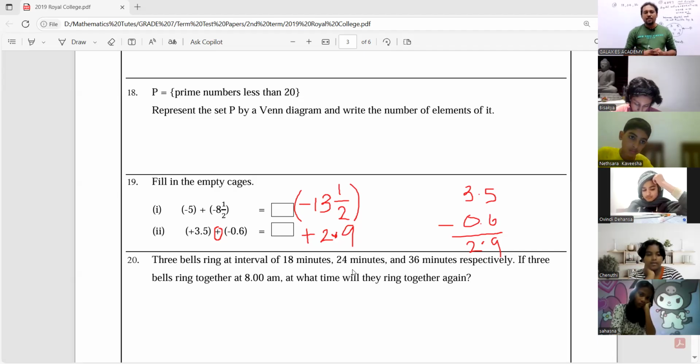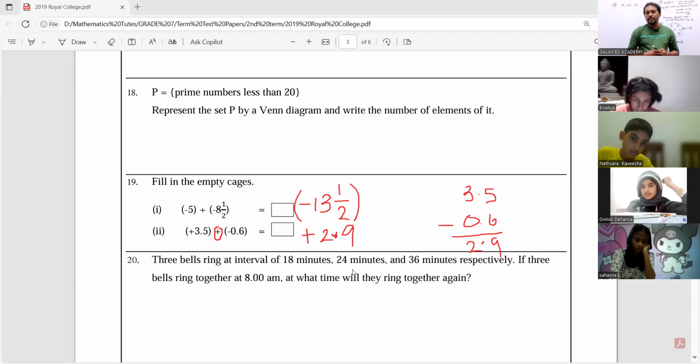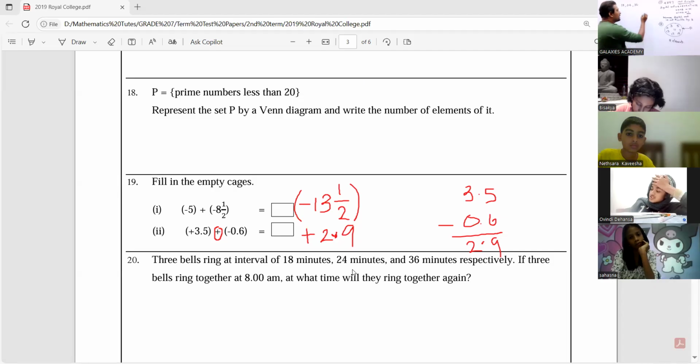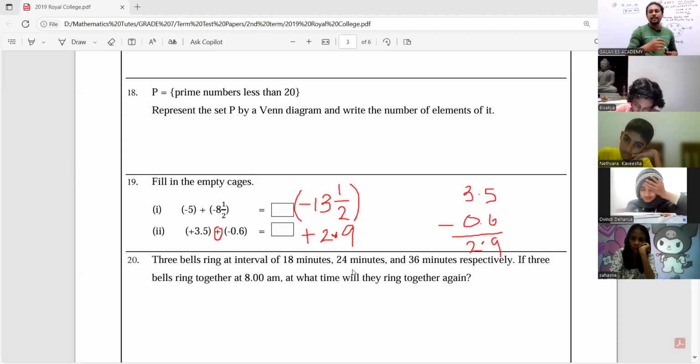If 3 bells ring together at 8 AM, මෙන්න මේ තුනම ring වුණා එකපාරට 8 AM, then at what time will they ring together again? එහෙනම් ආයමත් එකම පාරට මේ තුනම ring වෙන්නේ කීයටද කියලා අහන්න.